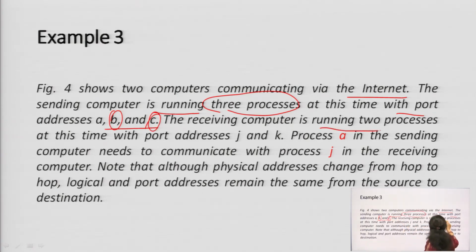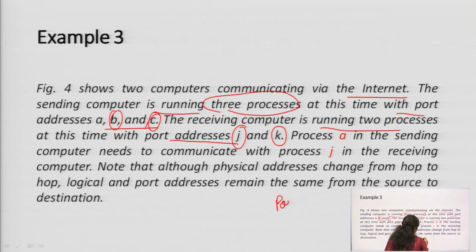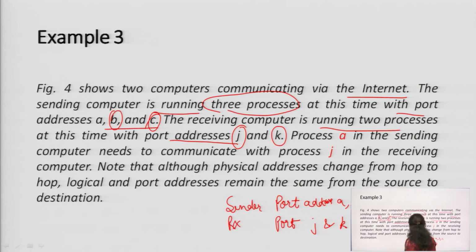The receiving computer is running two processes at this time with the port address J and K. So, let me summarize this. Port address A, B and C is associated with the sender, then port address J and K is associated with the receiver.